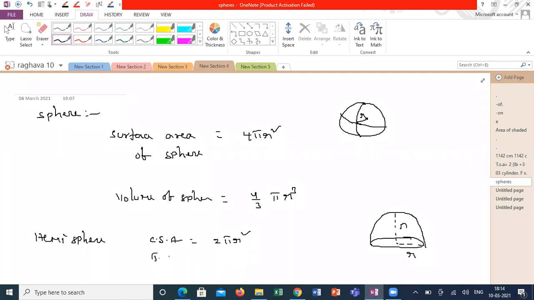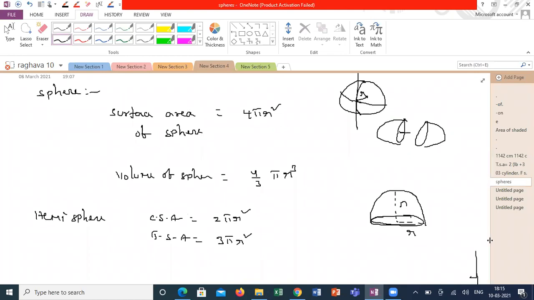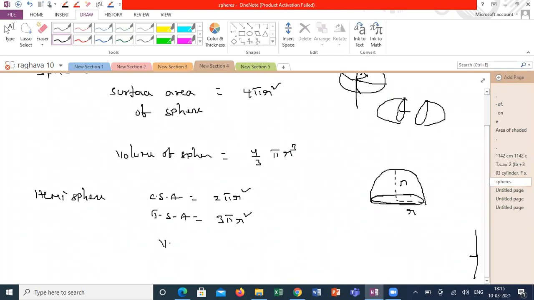Total surface area: this curved surface area plus, because of the cutting, a new surface occurs. This is the base of the hemisphere. So you will get 3 pi r square. Volume is how much? Volume doesn't depend on how many surfaces. So volume is half of the total sphere. So 2 by 3 pi r cube.